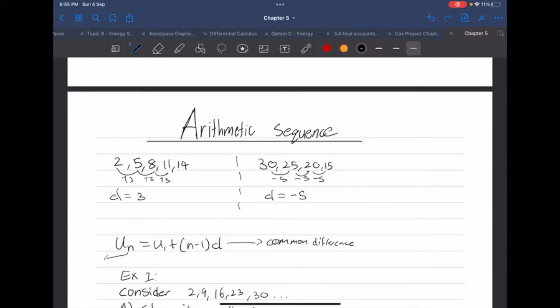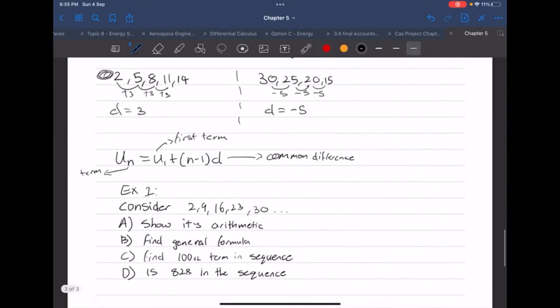Un is the term you want to find, so if it's term 100, then n would be 100. u1 is the first term, so for the sequence above, u1 would be 2. Then n minus 1, if we're finding the 100th term, would be 100 minus 1. So that's basically the formula used for an arithmetic sequence.